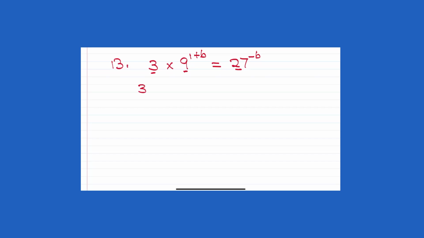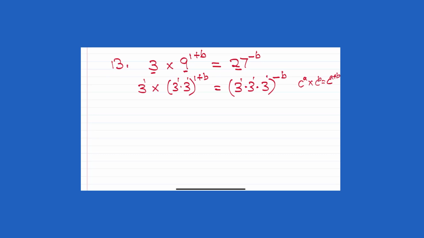So we can break it down, and this will become 3 and 3 squared to the power of 1 plus b, and this is to the power of 1 each. And for here, we have 3 times 3, 9 times 3, 27, so 3 cubed to the power of minus b, and this is to the power of 1 as well. Remember our rule, a to the power of b times a to the power of c equals a to the power of b plus c.